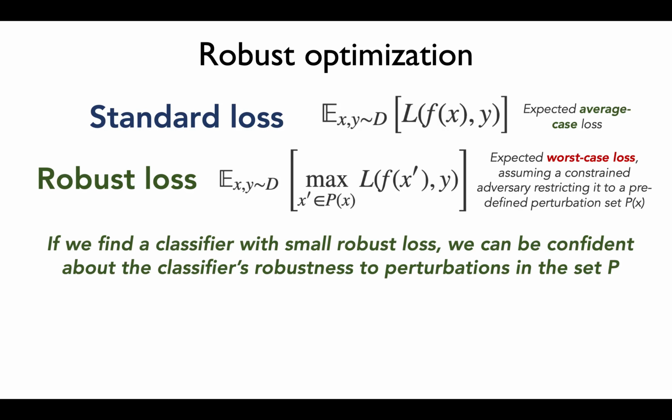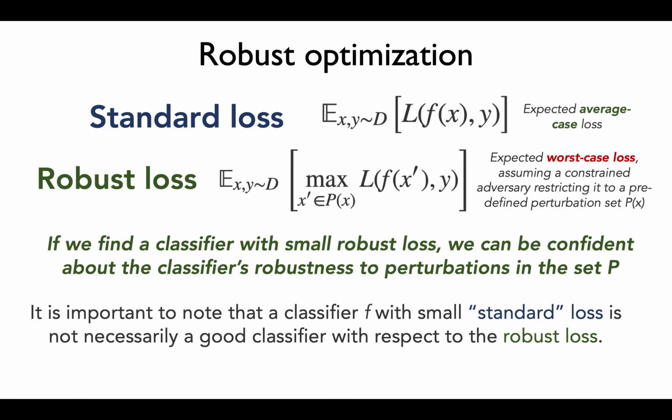So if we can find a classifier with a small robust loss, we can be confident about the classifier's robustness to perturbations in the set P. This is important because it allows us to give some guarantees.